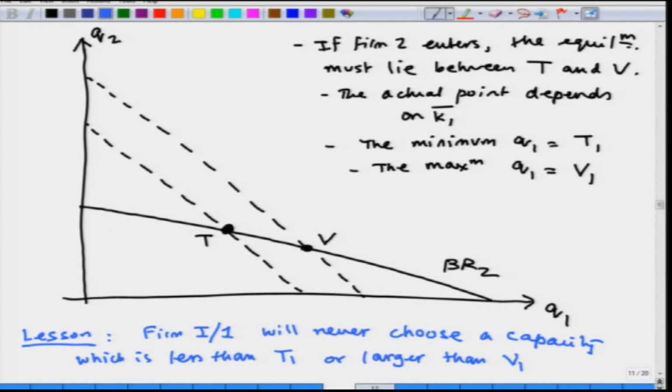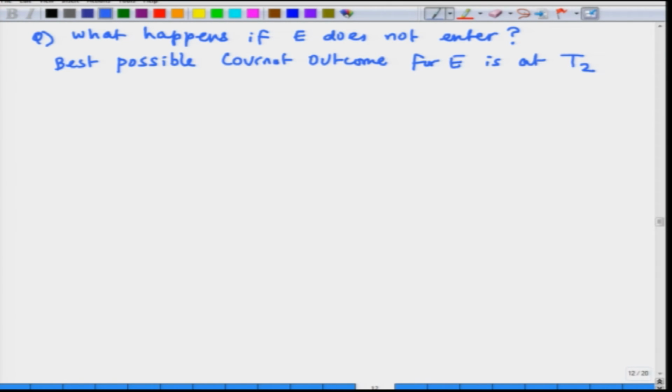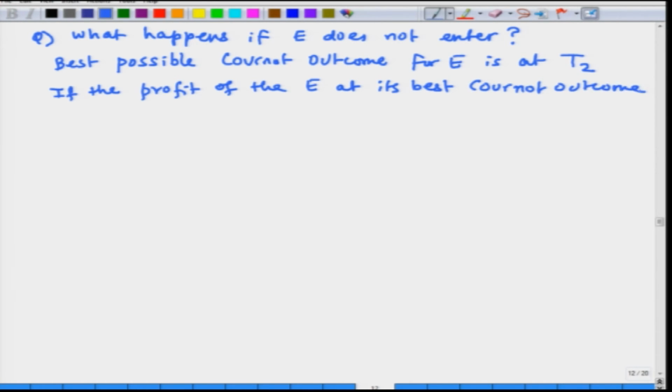Now, if the fixed cost of firm 2 is such that the profit at T2, its best possible outcome, turns out to be negative, then the entrant will not enter. So, if the profit of the entrant at its best Cournot outcome, that is T2, is less than 0, perhaps the fixed costs are so high that even at its best Cournot outcome, firm 2 finds that its profit is going to be negative.